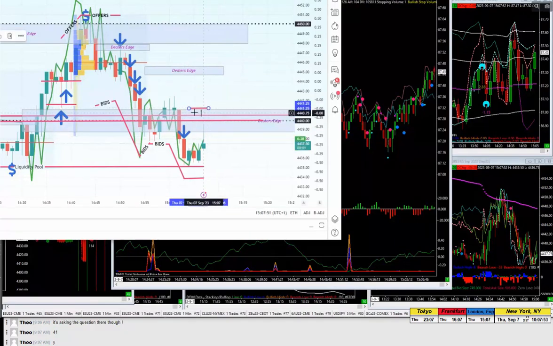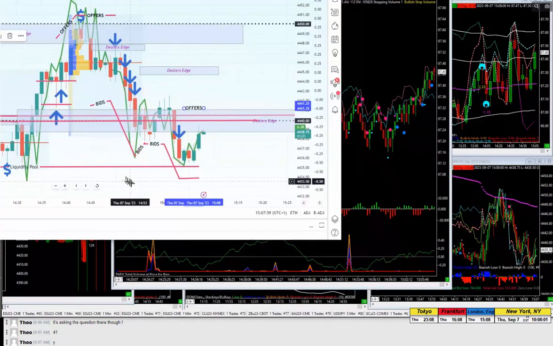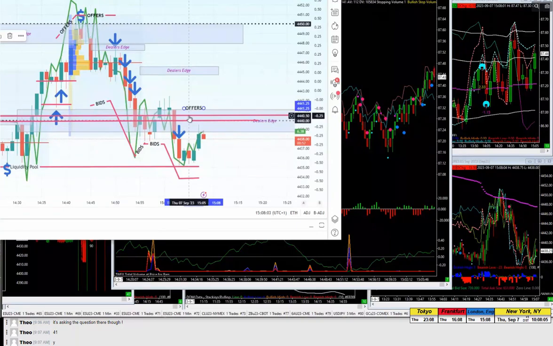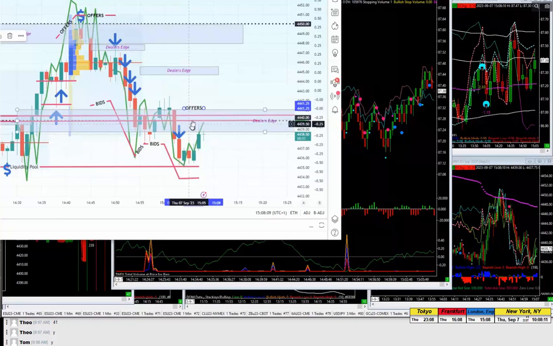And it's now up to me to either bring that offer into play or pull the offer away from play. So at the moment, I am 34 bid, 41 offered.